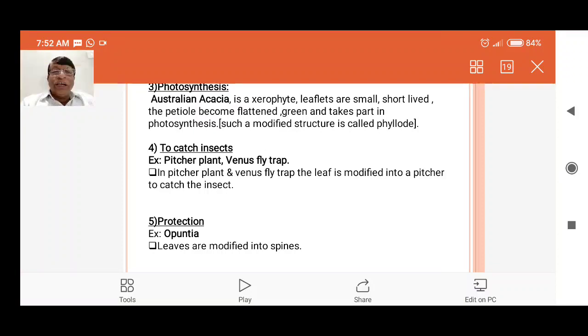The rachis or the petiole becomes green, flattened, and takes part in photosynthesis. Such a modified structure is called phyllode.